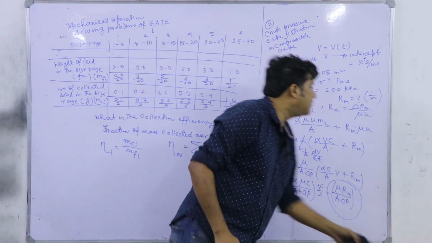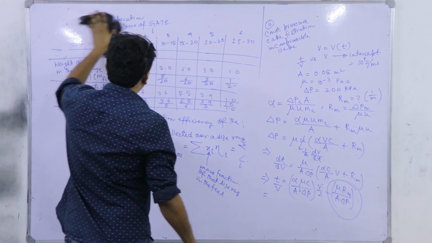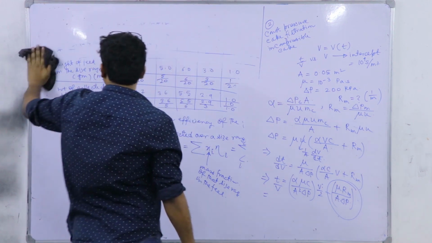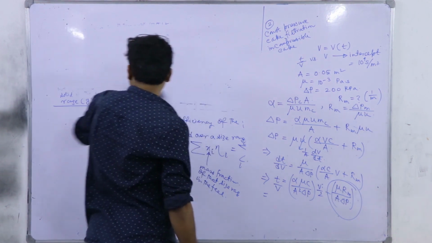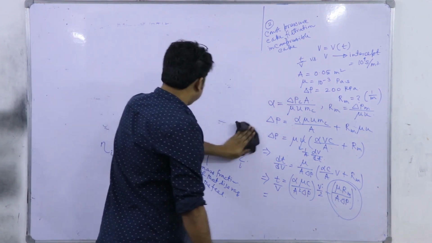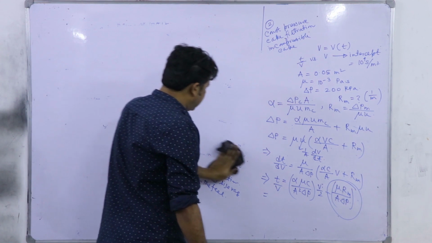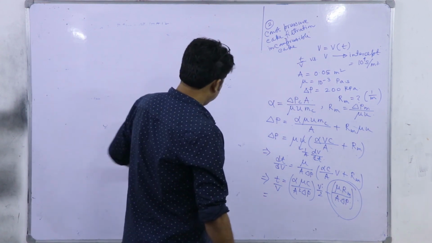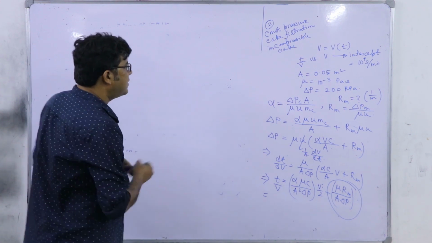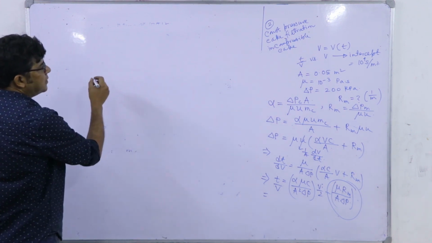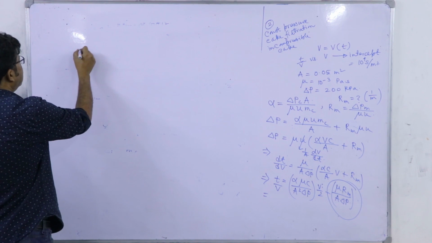Okay? This is my intercept, and once we know this intercept, all the individual values are given. So, you can calculate back what is the filter medium resistance, but you must be careful about the units. So, I am chalking out how to calculate. Here the intercept is 10 to the power 4.